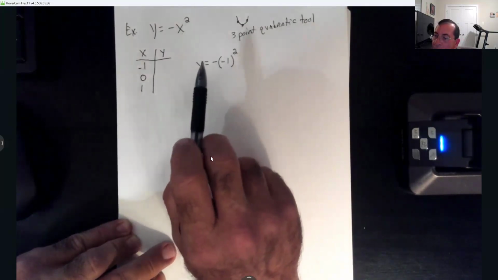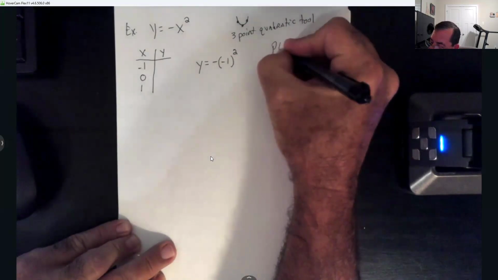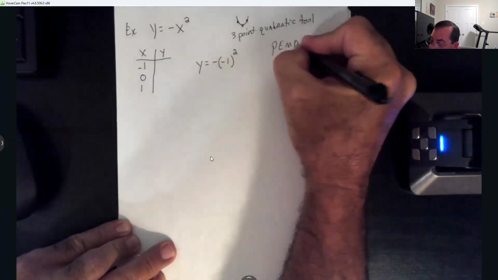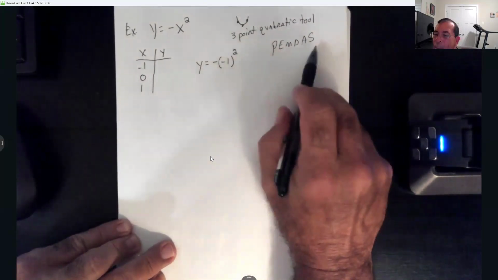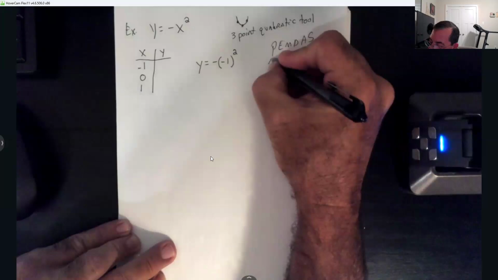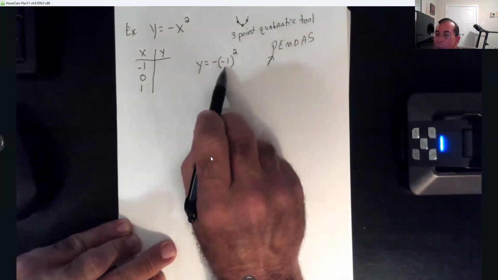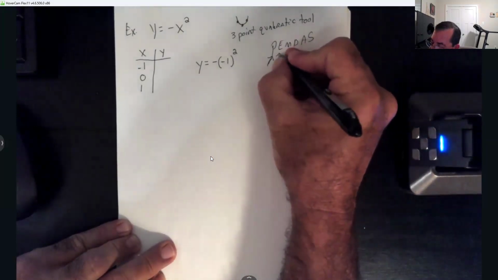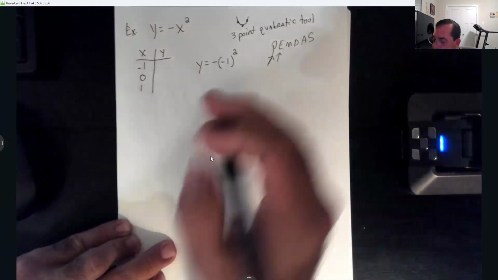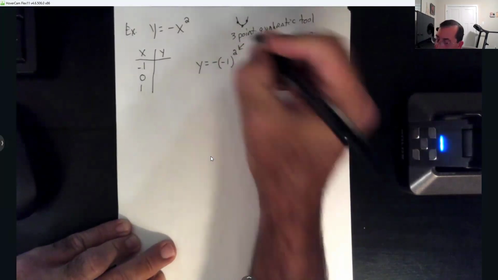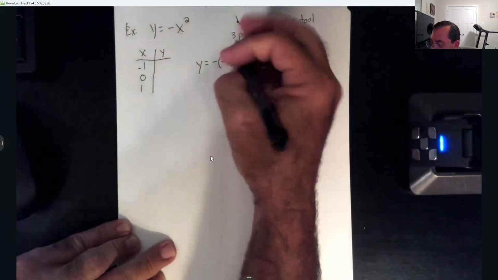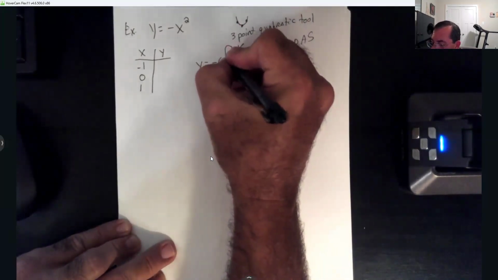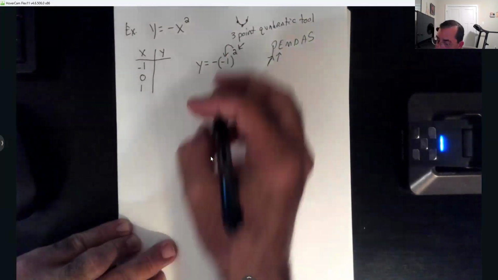Now, y'all remember this thing called PEMDAS? Order of operations says start with parentheses. Well, I can't do nothing inside the parentheses, so that means the exponent is next. This exponent of 2 only affects that -1.